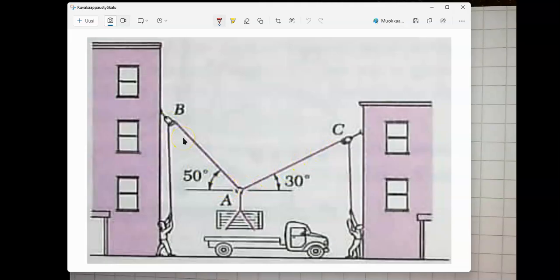We know the angles of those cables measured from the horizontal plane, 30 degrees and 50 degrees.